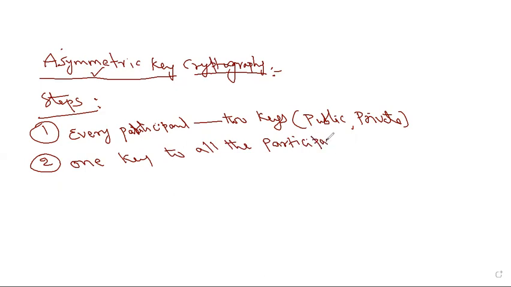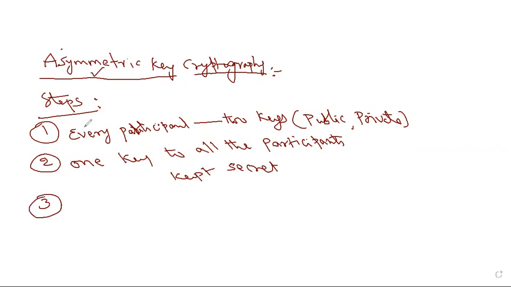The other key must be kept secret, and this second key is called the secret key. The secret key is known only to the respective person, and the public key must be sent to all the remaining persons. So every user's responsibility is maintaining all the remaining users' public keys.